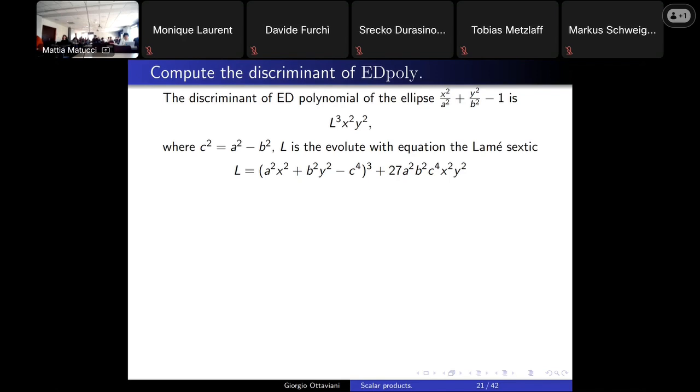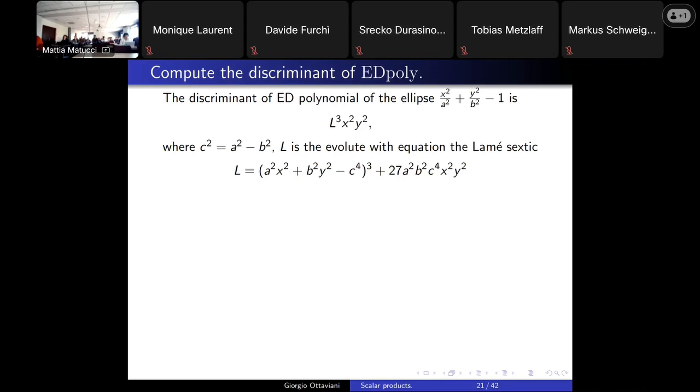Let me just try one more time. We start with a plane curve, and from that we get three additional plane curves. We get the dual curve, we get the zero set of the ED polynomial, and we get the zero set of the discriminant of the ED polynomial. Yes, one is contained in the other.